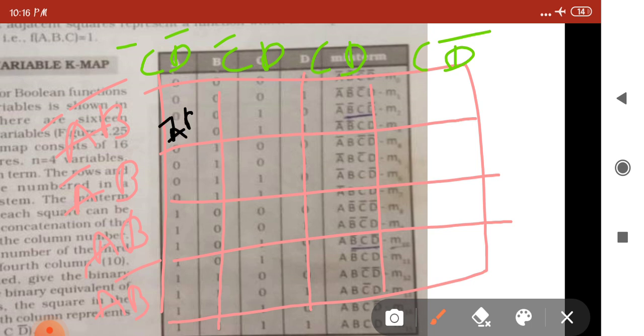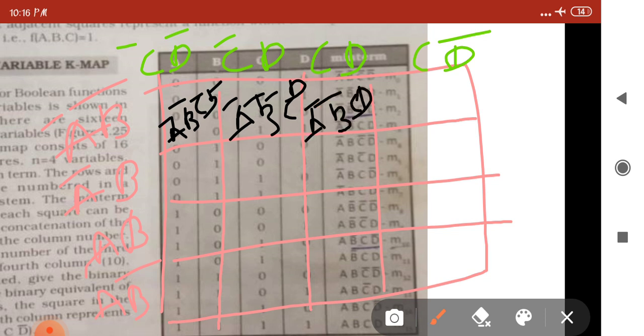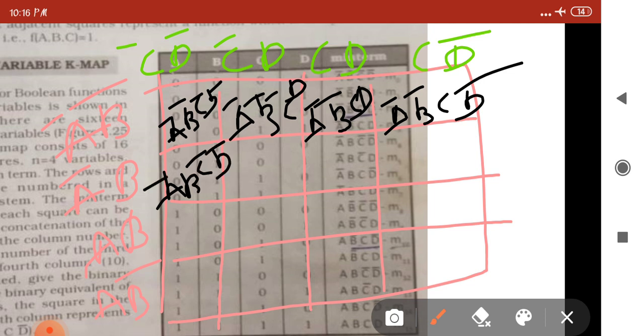A bar B bar C bar D bar. A bar B bar C bar D. A bar B bar C D. A bar B bar C D bar. Yes, A bar B C bar D bar.